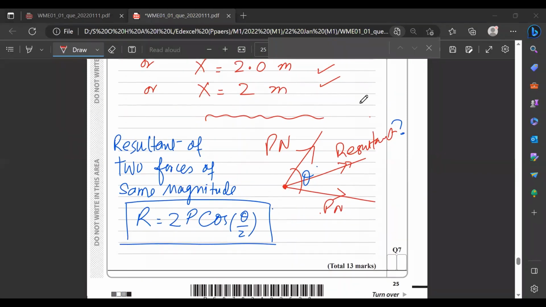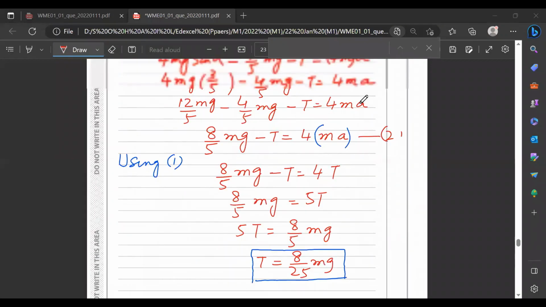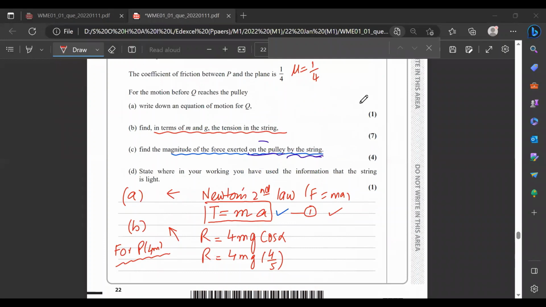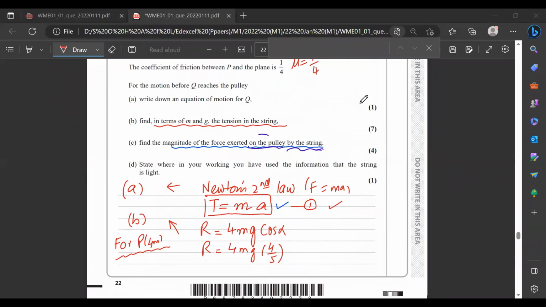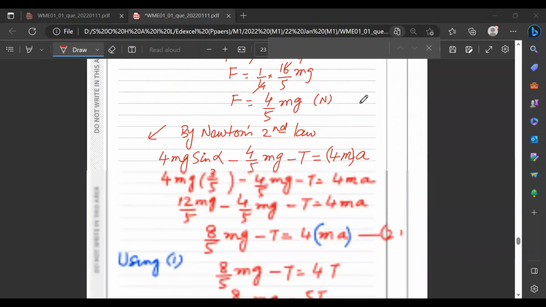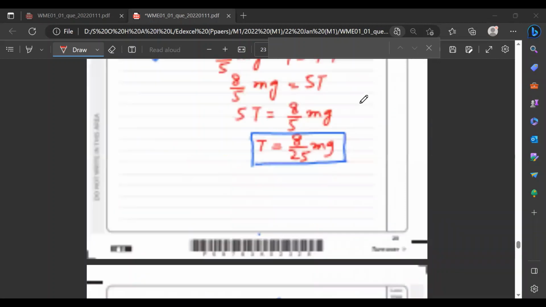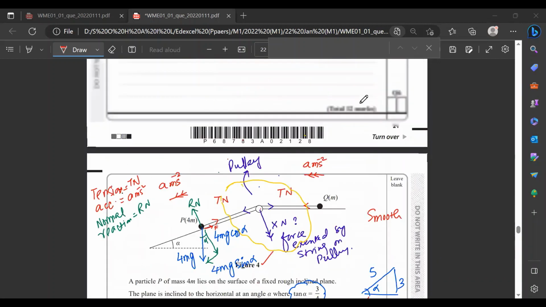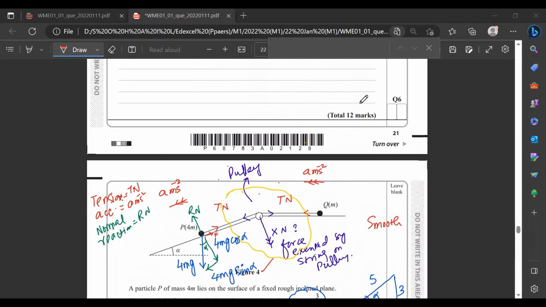Well, for the last part of this question, state where in your working you have used the information that the string is light. Because of the light string, the tension is the same throughout a section of the string.